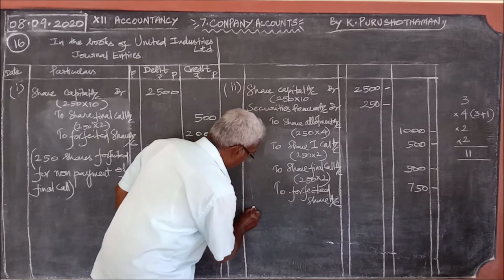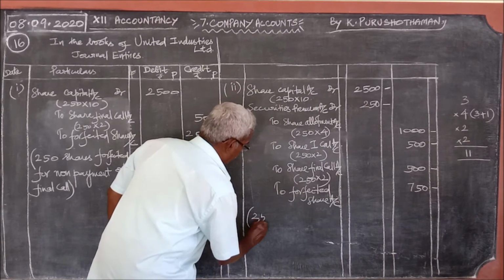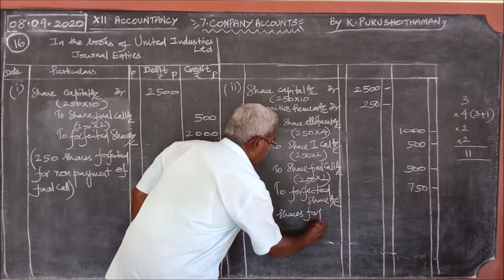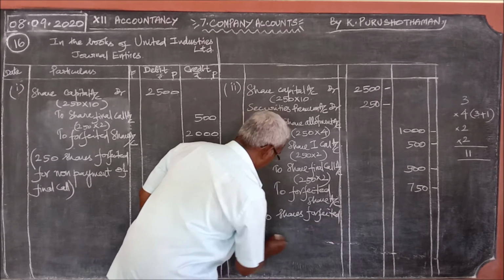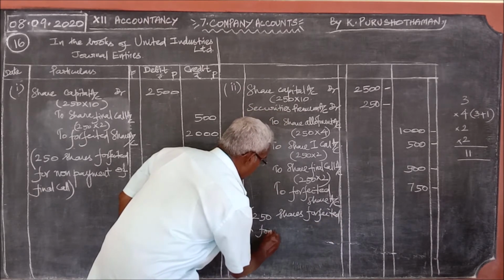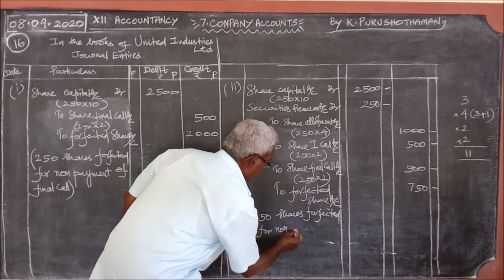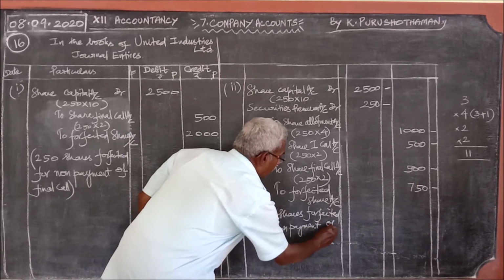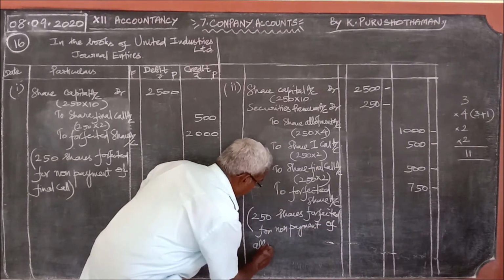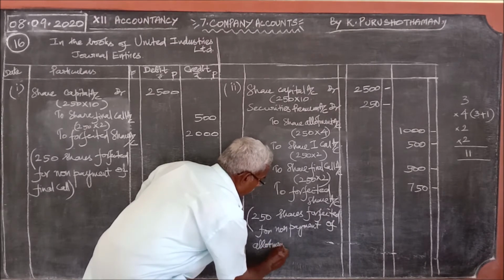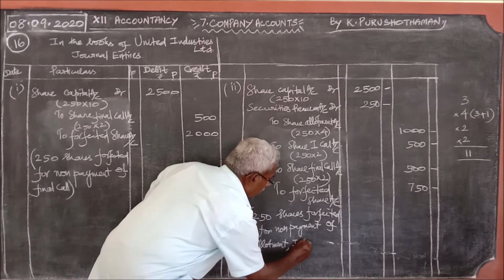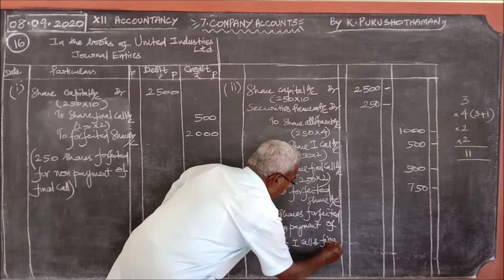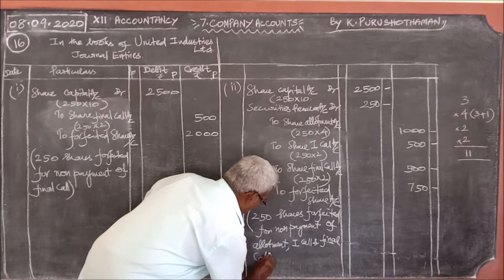So for this, what should be the narration? 250 shares forfeited for non-payment of allotment, first call and final call money.